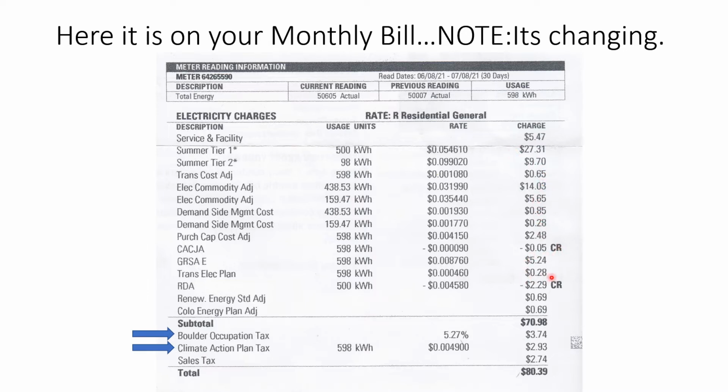Here's a credit, more add-ons, a credit, and then some renewable energy plan additional costs. So here's her subtotal bill, which is taxed by the Boulder occupation tax at 5.27%. And here's the amount. And here's the Climate Action Plan tax, and here's what that amounts to. If you add up all these taxes, they amount to about 10% of the entire power bill.